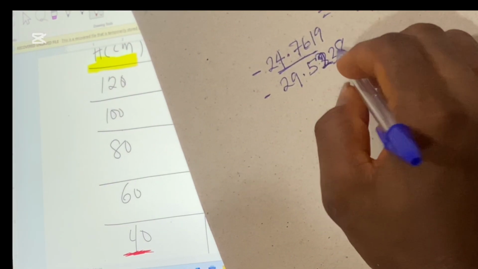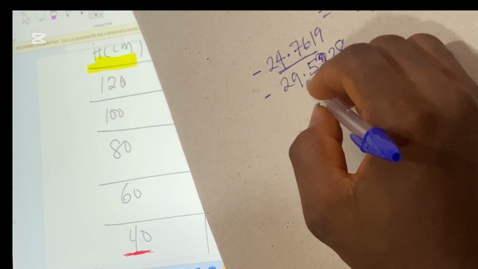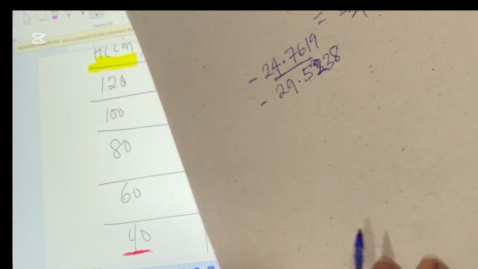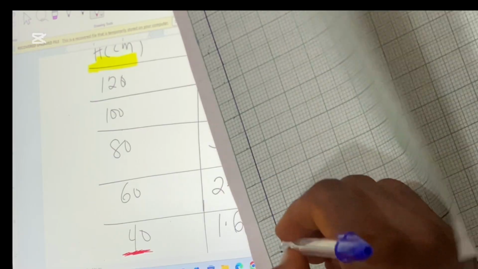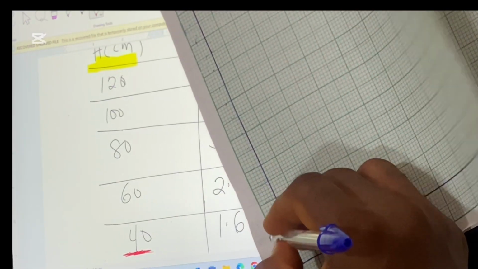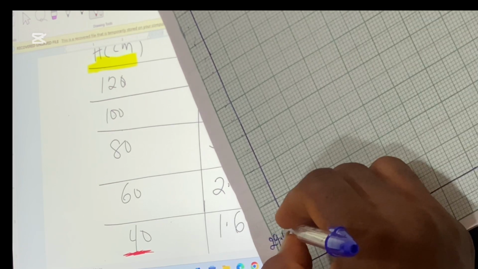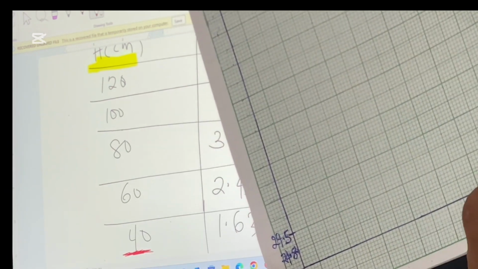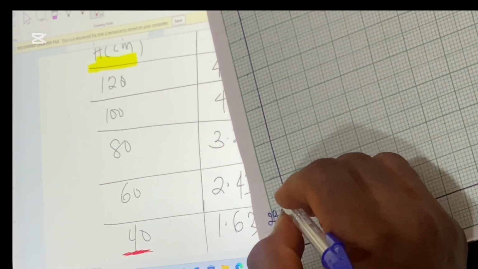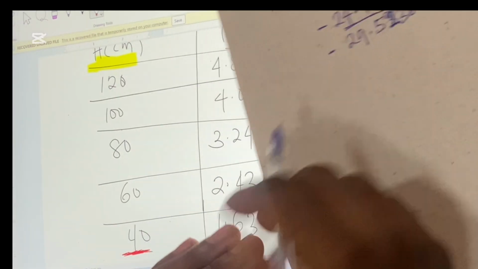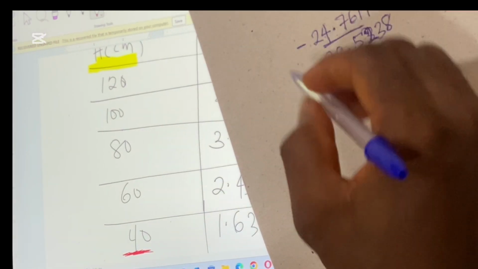Approximate this to 1 decimal place. When you want to put in the value of the line here, this will be 29.5. Now let's get the next value here. Add this one with the interval value.